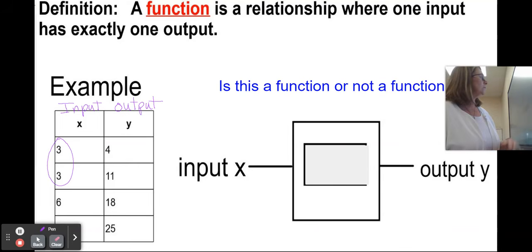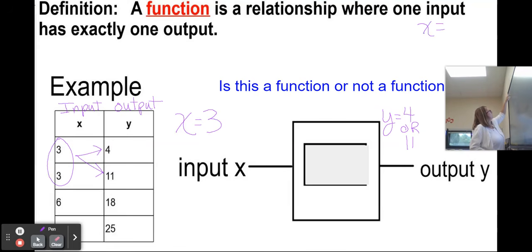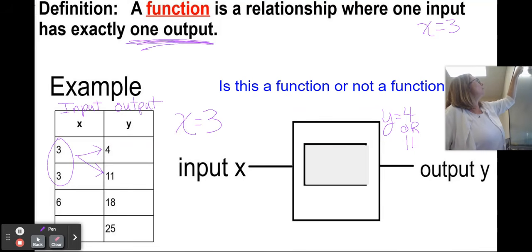So if we input 3, or if we have an x value of 3, then we're going to have multiple outputs of 4 and 11. So an input of 3 is going to give us an output of 4 or 11. By definition, when we have one input, when x is 3, we have more than one output.